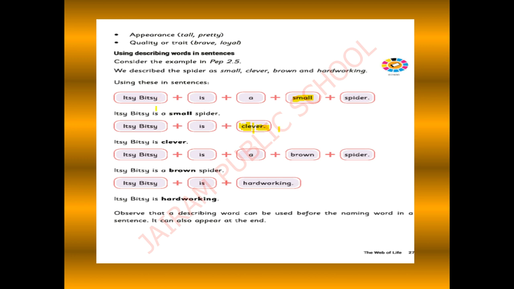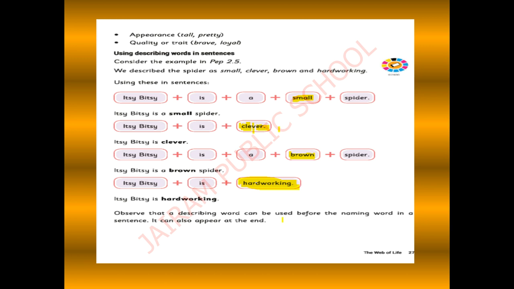So a word which describes a naming word is called a describing word. Okay. Next one. Itsy Bitsy is a brown spider. Brown is a describing word. Okay. Itsy Bitsy is hardworking. Here hardworking is a describing word.